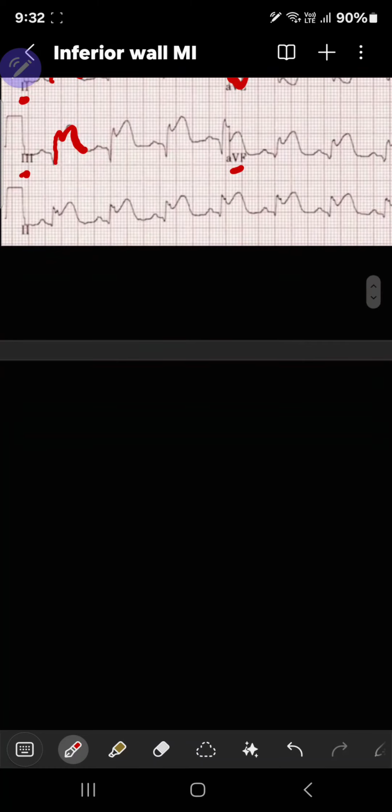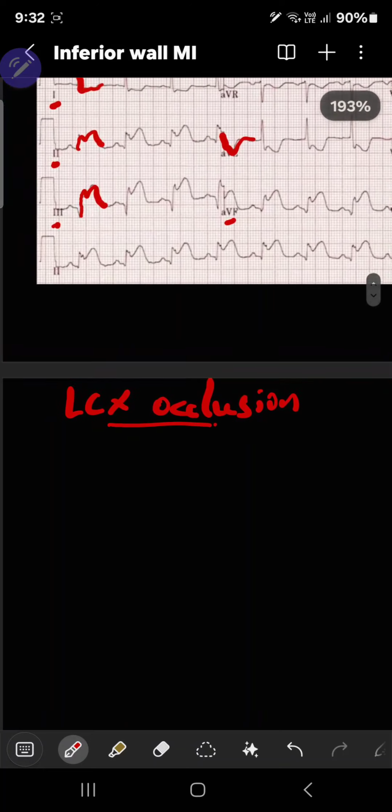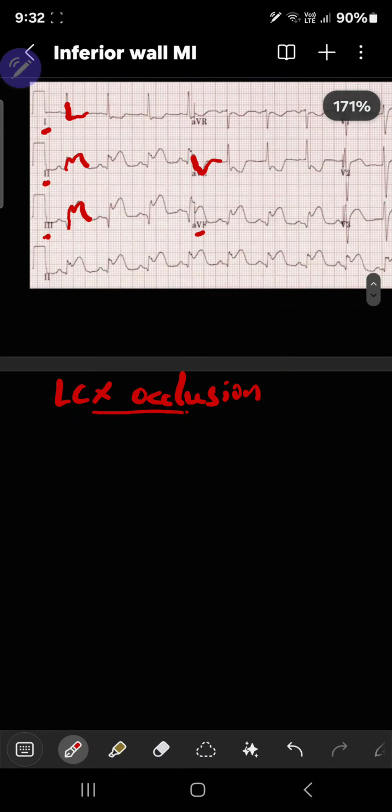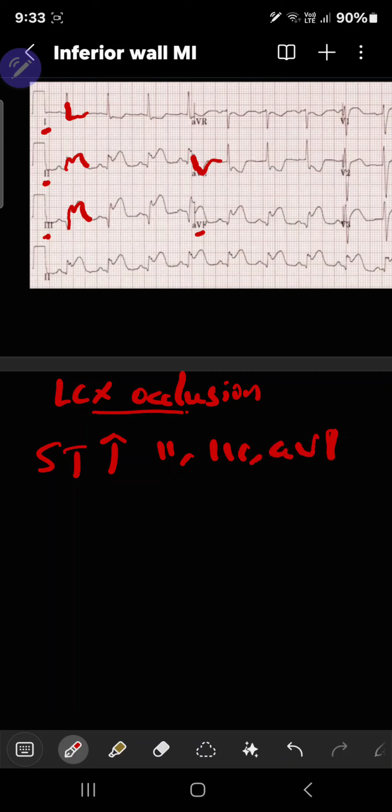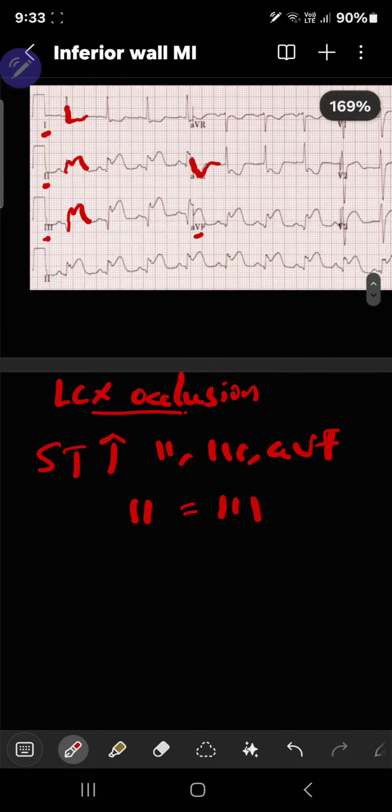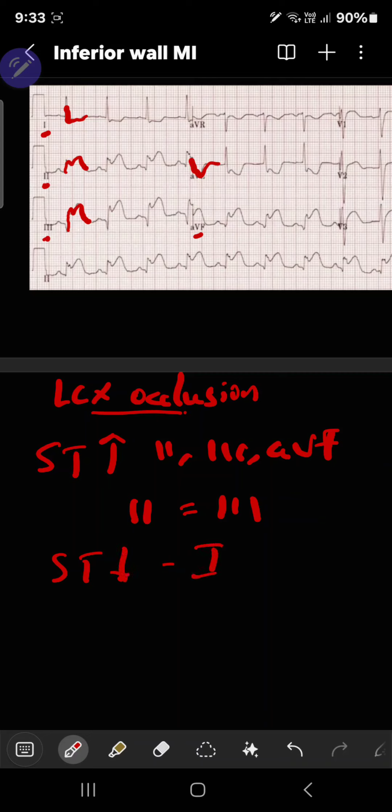Now we move on to inferior wall MI secondary to LCX occlusion. In LCX occlusion, again there will be ST elevation in 2, 3 and AVF, and here the ST elevation in lead 2 and lead 3 will be equal, and there will be ST segment depression in lead 1 apart from AVL.